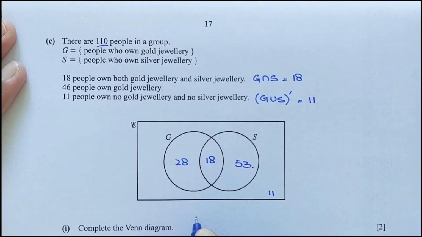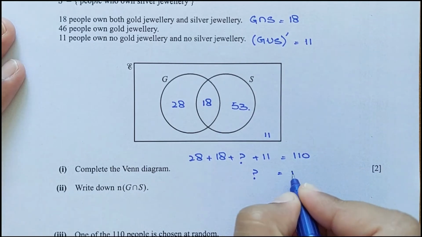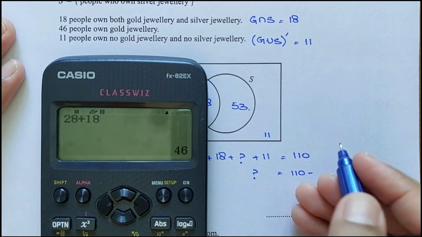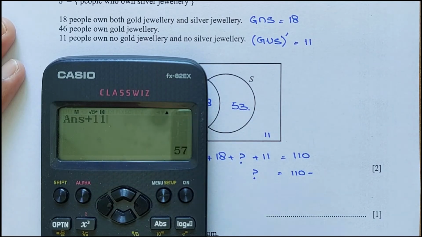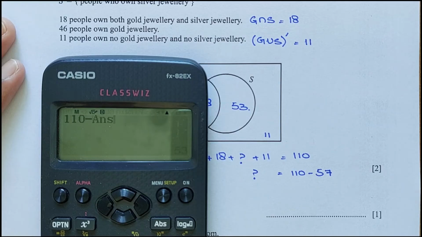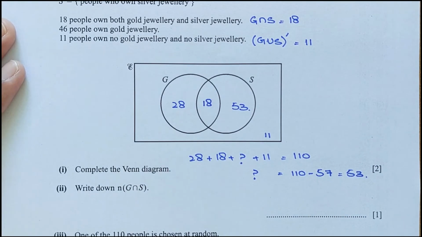So we can say 28 plus 18 plus some missing number in S plus 11, the sum should be equal to 110. So for that missing number, from 110 we have to subtract 28, 18 and 11, which is 57. And 110 take away 57 is 53. The Venn diagram is completed.